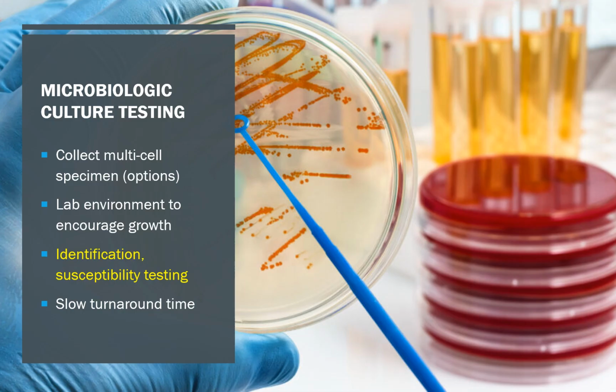So broadly, we'll talk about microbiologic culture testing. Cultures are commonly used. However, there are limitations and some things that cultures can do that other tests cannot. So during a bacterial culture test, a sample of cells will be taken from your blood, urine, respiratory secretions, or tissue samples.